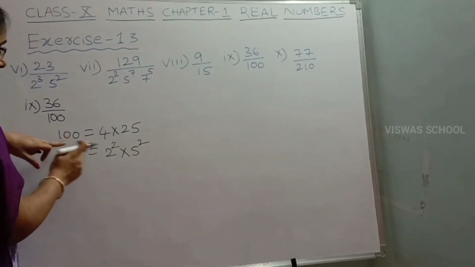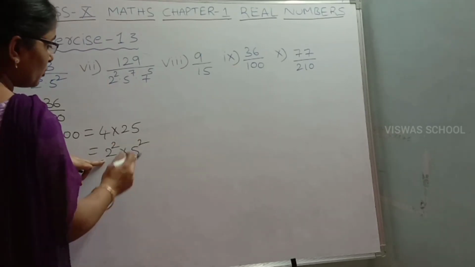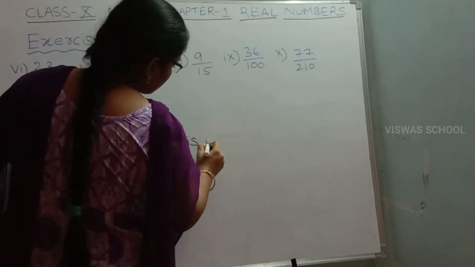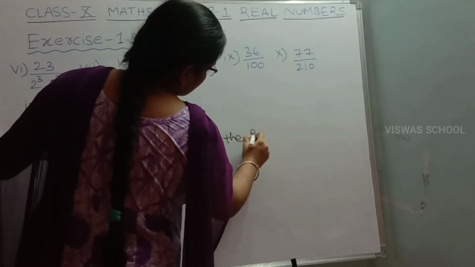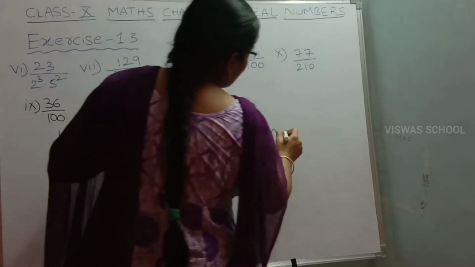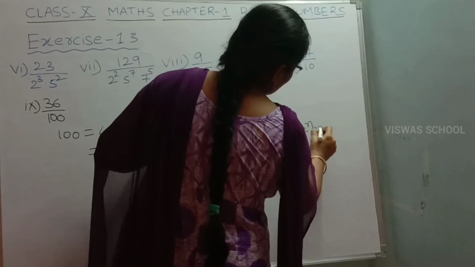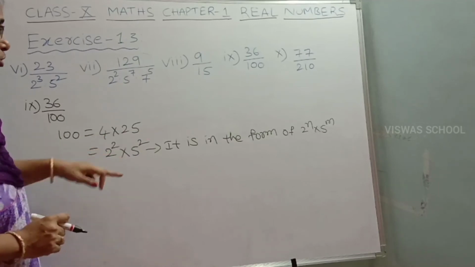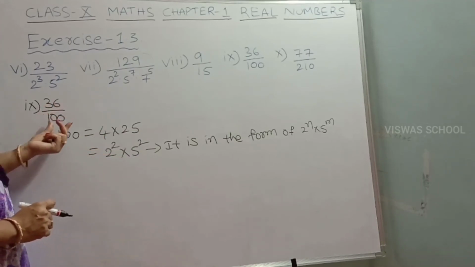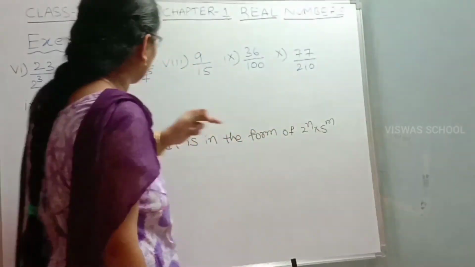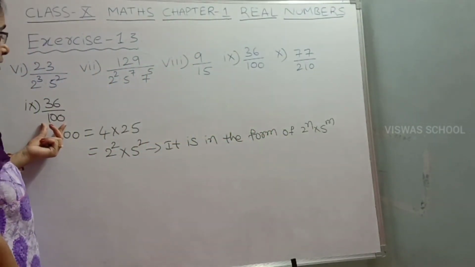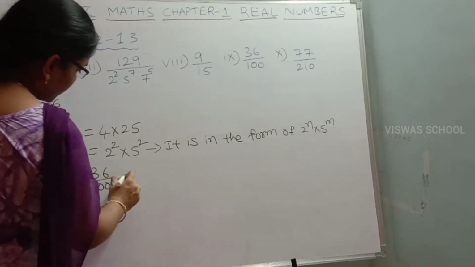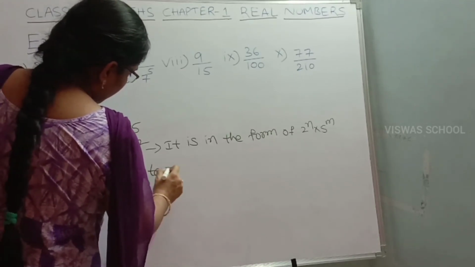That is, the denominator is in the form of 2 power n into 5 power m. Therefore, 36 by 100 is terminating decimal.